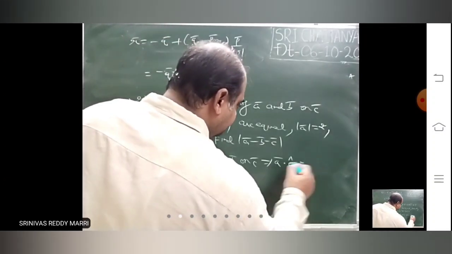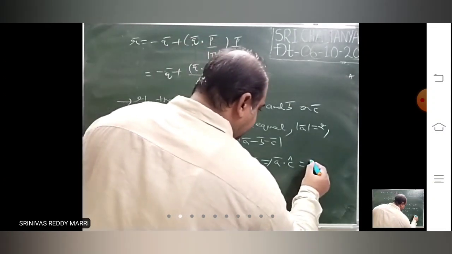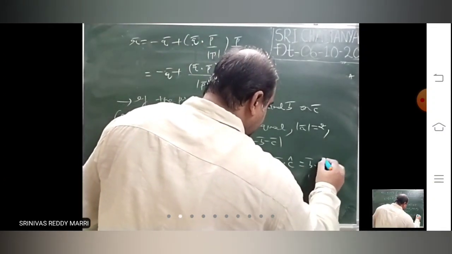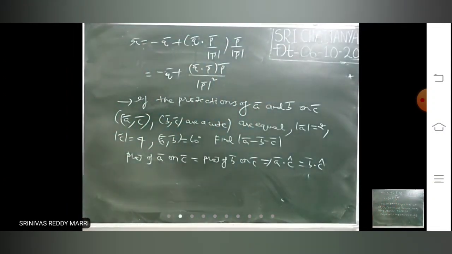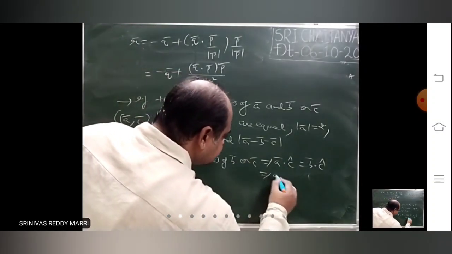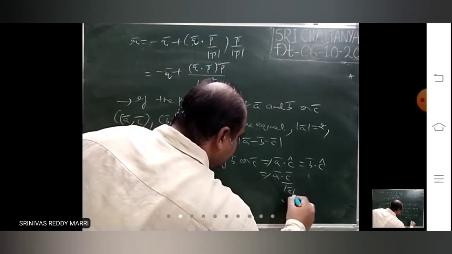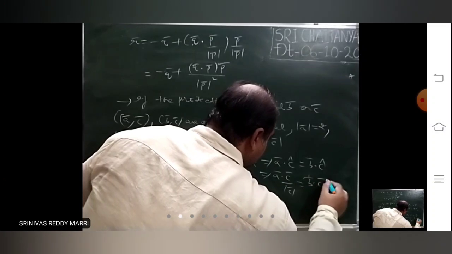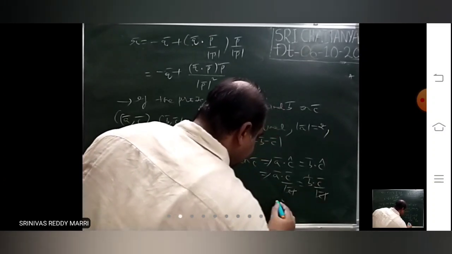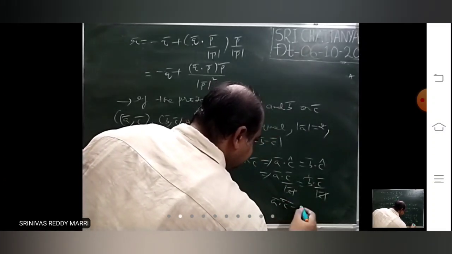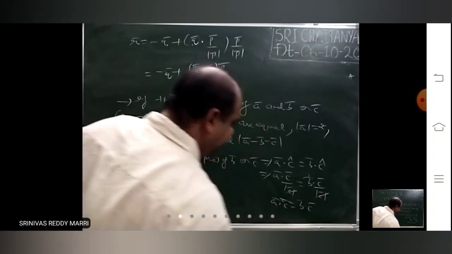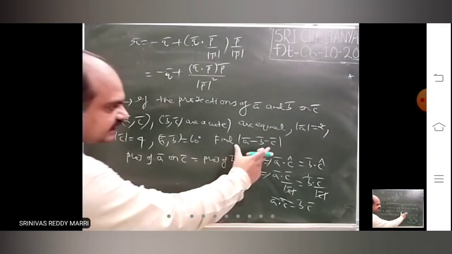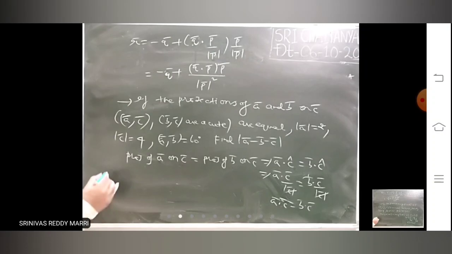Acute angle means only positive. So equal to B dot C cap. Therefore, both cancel. So what he has given is A dot C equal to B dot C. Now he is asking to calculate that one.